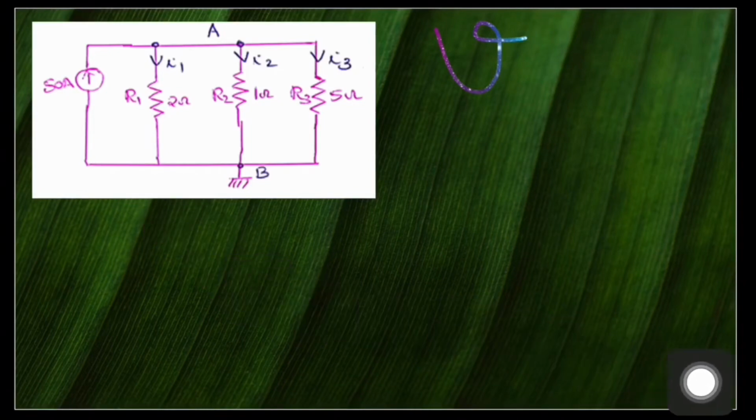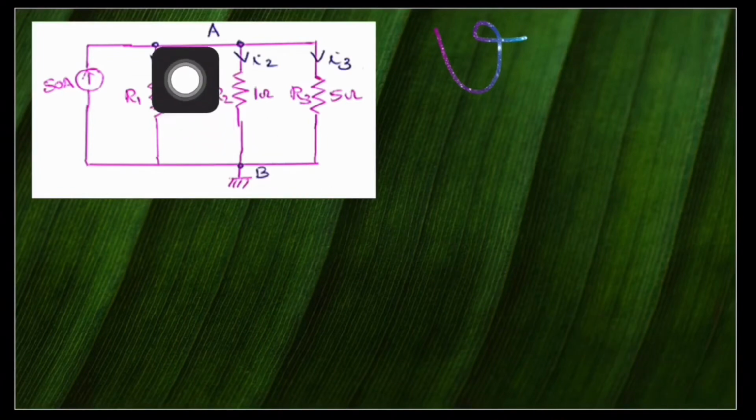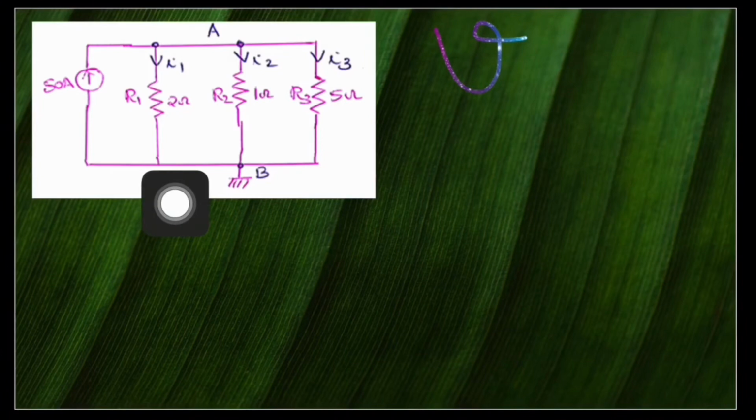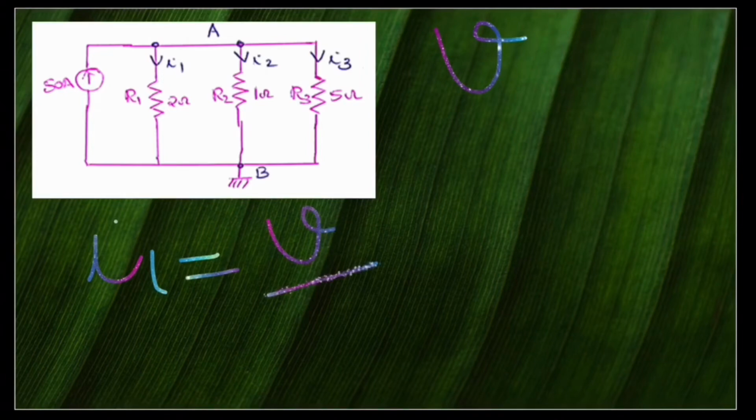As you know, a current through a resistor can be mathematically expressed as potential difference across the resistor divided by resistance value. Here V minus 0, that is V is the potential difference across resistor R1. Correspondingly, the current through it I1 can be expressed as V by 2.